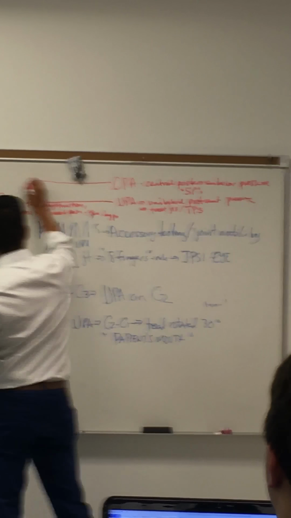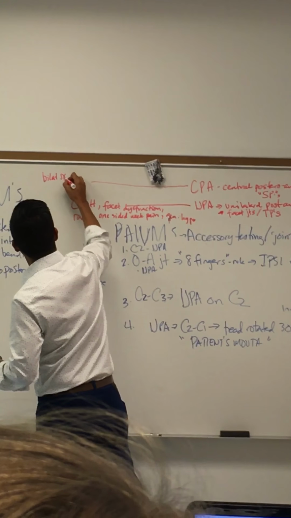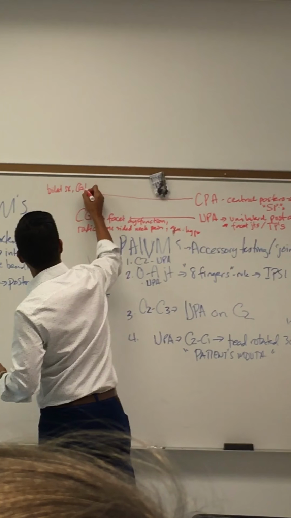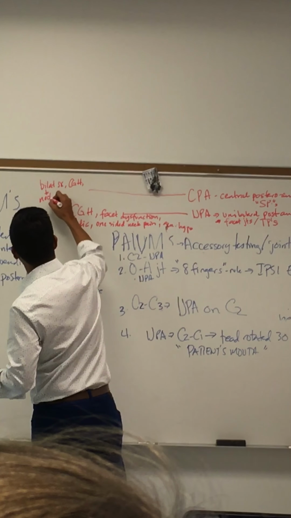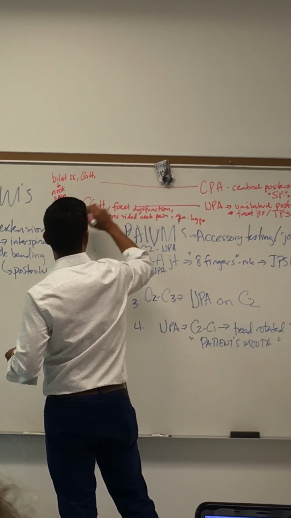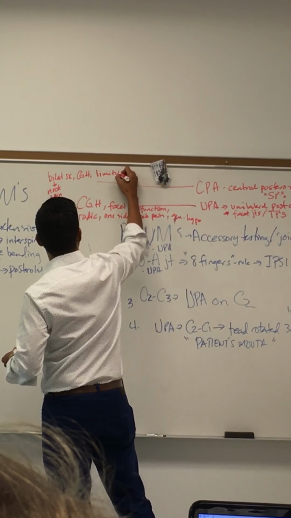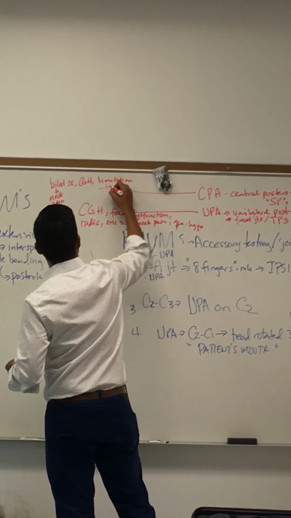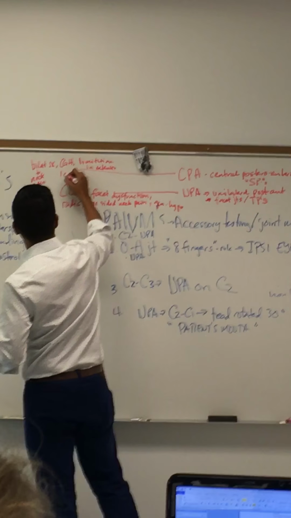And then for your CPA, bilateral symptoms: think about your tension headaches, any neck pain that occurs on both sides, and then maybe limitation in your extension, or just general hypermobility as well.